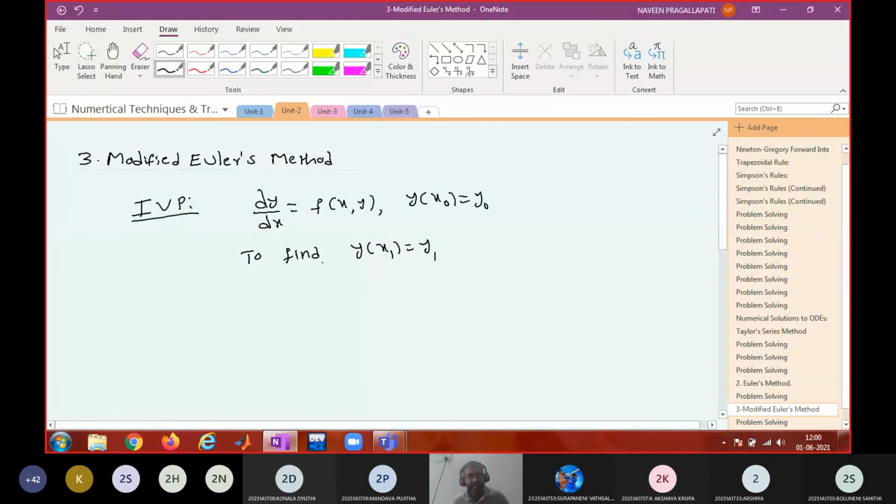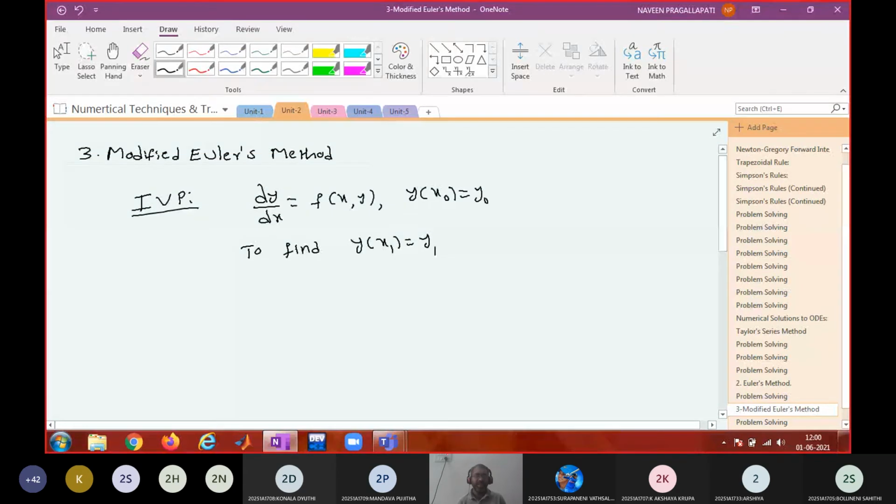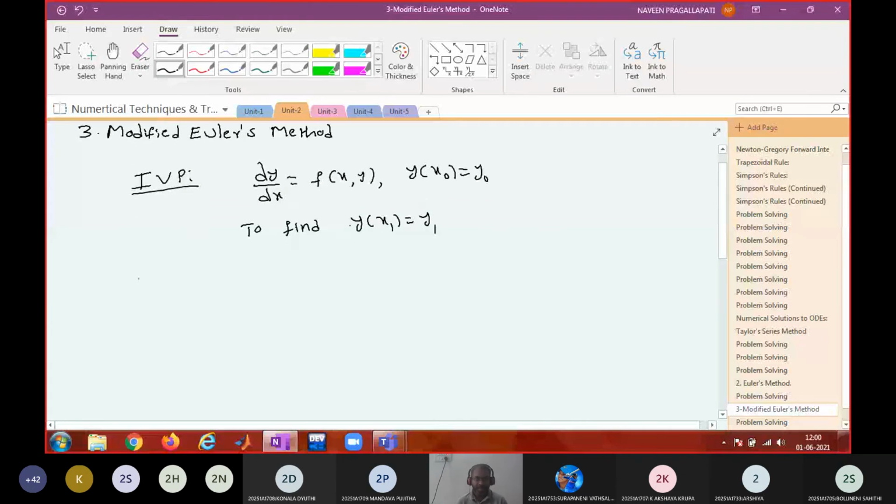This is a multi-step method. I mean to say that here you will be finding the value in two stages for a given value of x. First write down the formula.